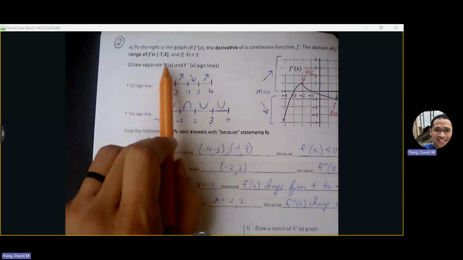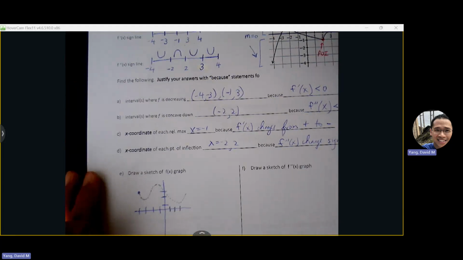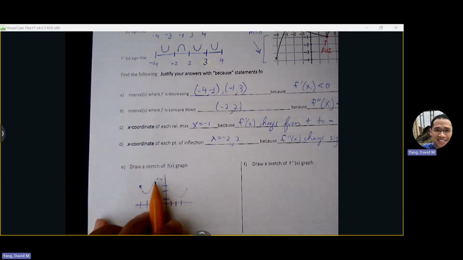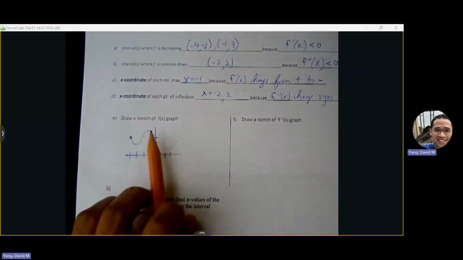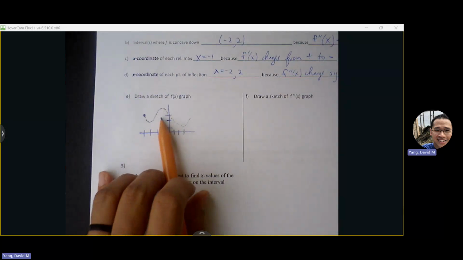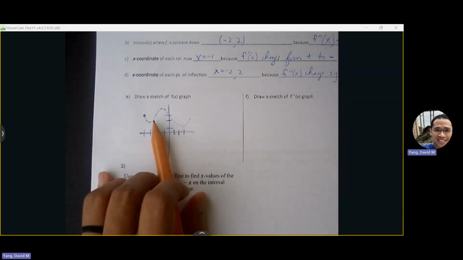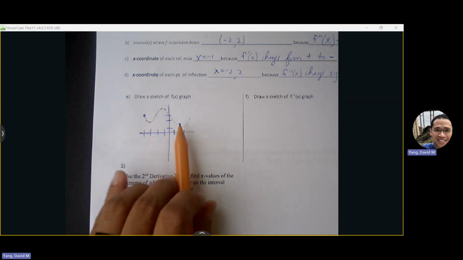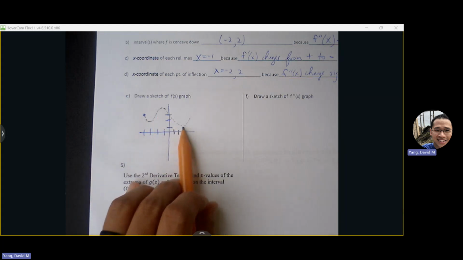Now, it says my range is from -7 to 3. So that means I need my graph to be as low as -7 and as high as 3. So I should not have this hill as high as I made it. I need to have my hill be a little bit lower to be at 3. And this needs to be all the way down to -7, right?